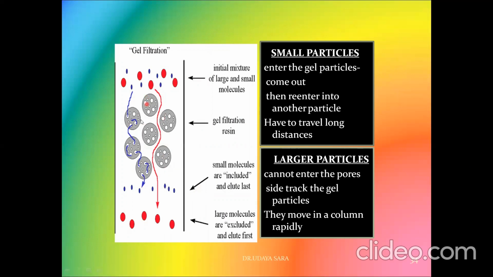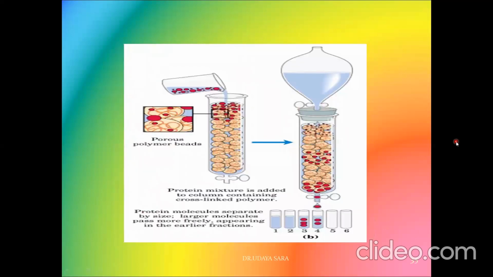The smaller molecules will enter the pores of the gel, and they have to travel a longer distance before they reach the end of the column. While the larger molecules cannot enter the pores, so they sidestep the gel particles and move through the column rapidly, and they are eluted first. The larger molecules are eluted first, and the very small molecules are eluted last. This is how gel filtration chromatography works.